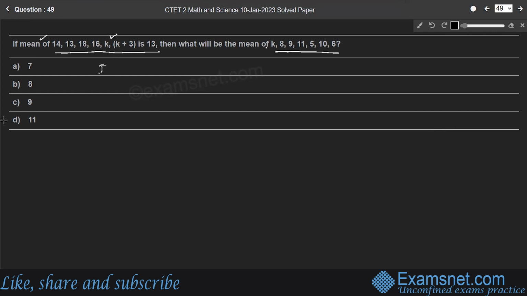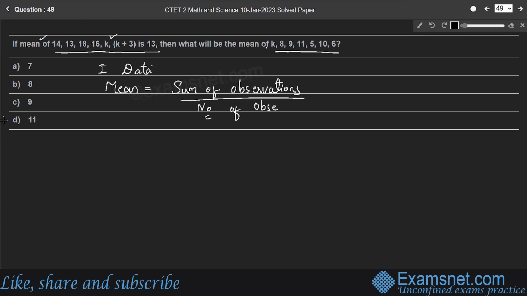So data 1. The formula says mean is equal to the sum of all values divided by the number of values, or sum of observations divided by number of observations.